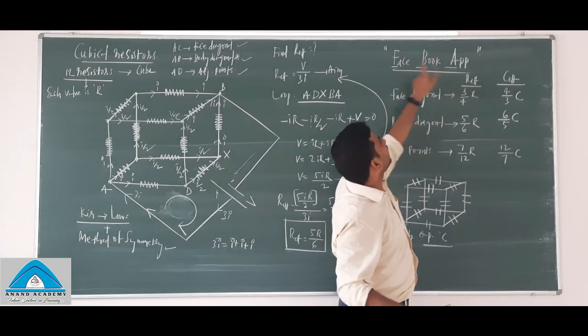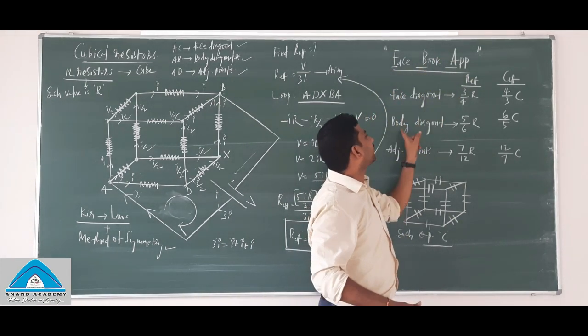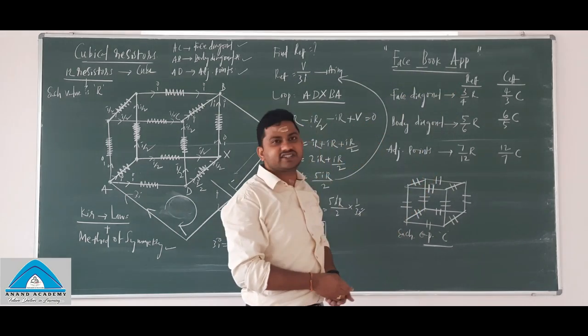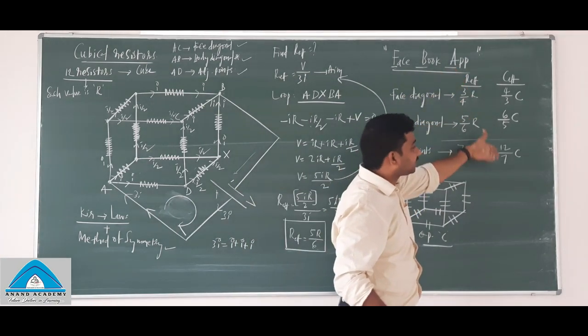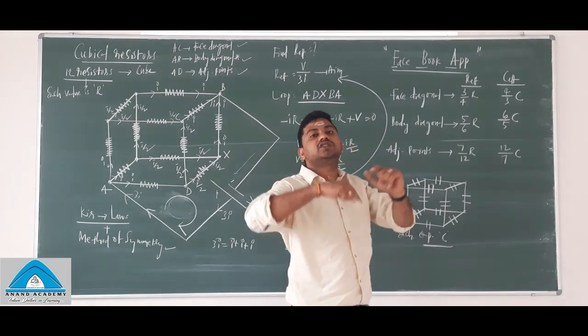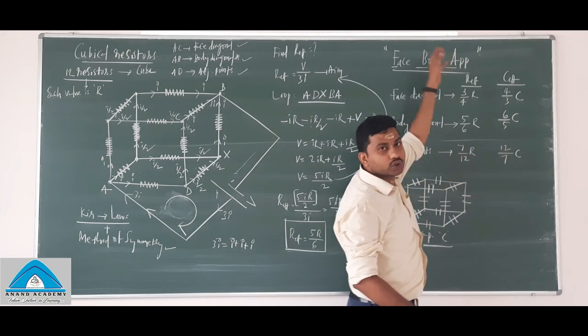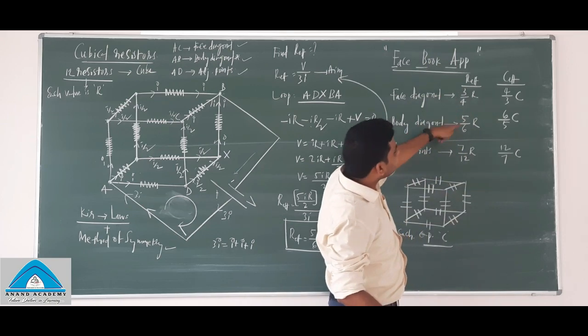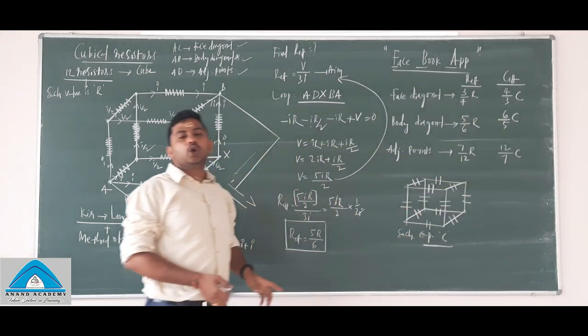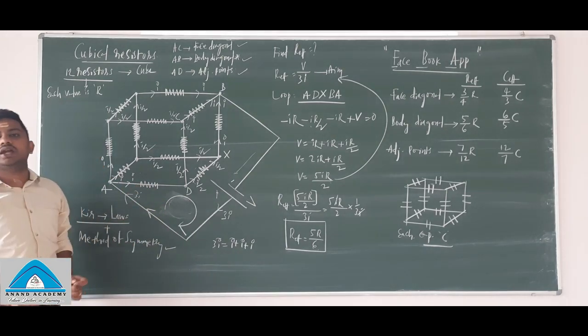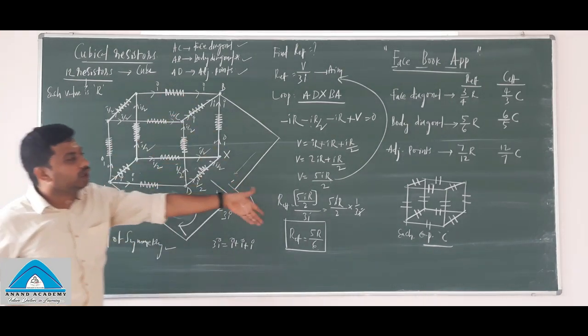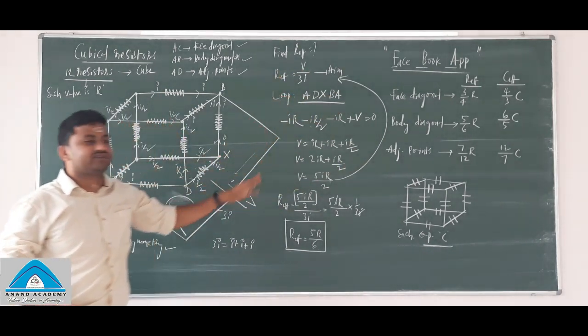F stands for face diagonal, B stands for body diagonal, A stands for adjacent point. And you see the capacitance will be the reciprocal, so for resistors it is 3, 4, 5, 6, 7, 12. Okay. I hope you understand. And in today's session, the questions will also be based on the effective capacitance of these things.